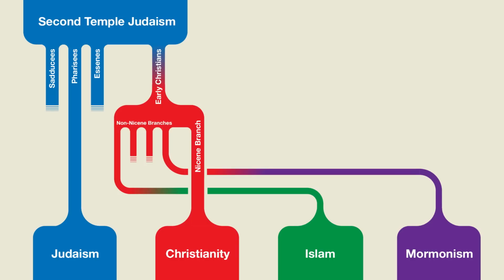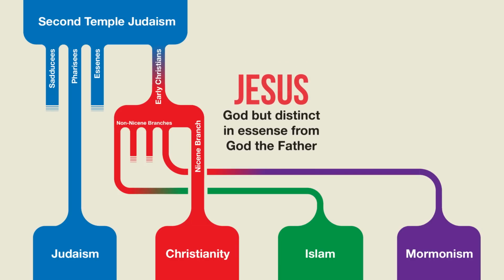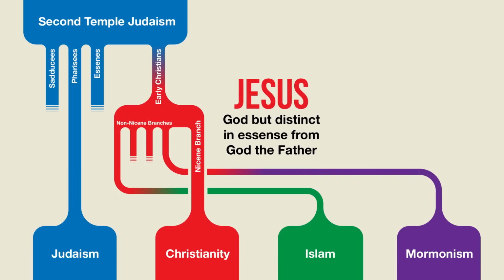In this case, the type that sees Jesus as God, but as being distinct in essence from God the Father. So basically, from the Mormon point of view, they would say that Nicene Christianity took the wrong path, and that Mormonism represents the restoration of the correct, original path.